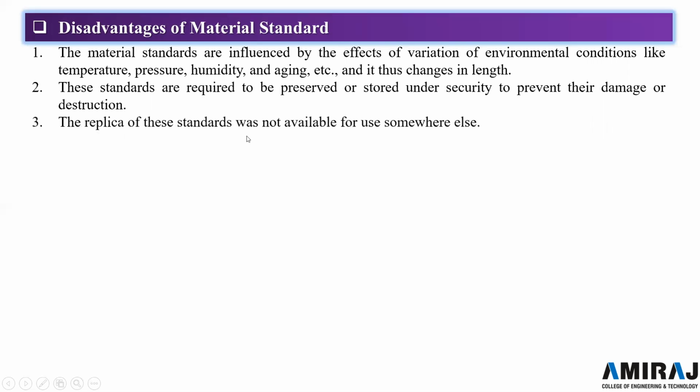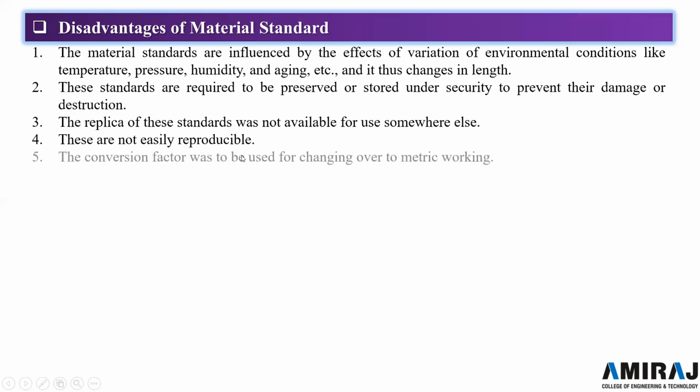A replica of these standards was not available for use elsewhere, as the materials are very costly, and these are not easily reproducible. The accuracy required in making these standards is very high, so it is not possible to reproduce them.